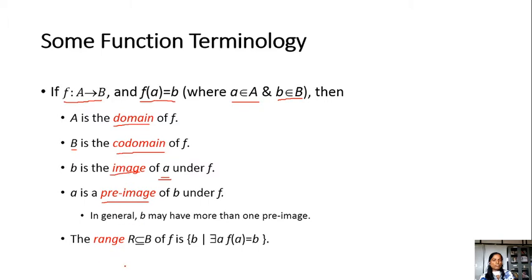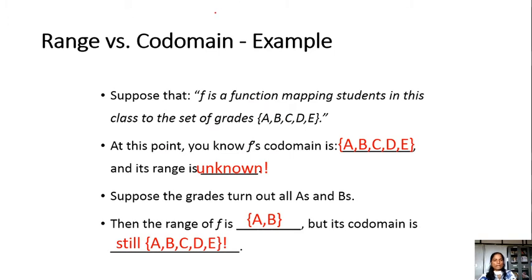Obviously the images go into the set capital B, and therefore the range of a given function is sometimes denoted by capital R, and it is contained in B. It is the set of all small b in capital B such that f of a equals b, meaning b is the image of some element in A. Then this set is called the range of the given function f. So let us see how to find the range of a given function.